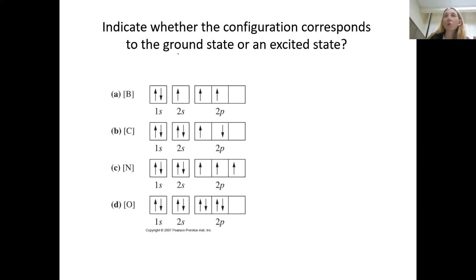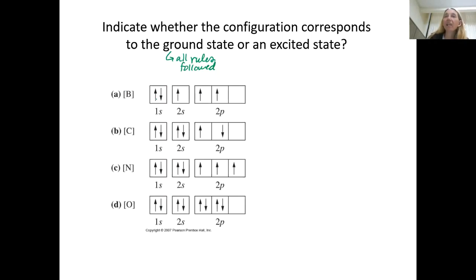Okay, and so you'll hear these words. Ground state means all of the rules are followed. So is the Aufbau principle followed, is Hund's rule followed, and what's the other one? Pauli exclusion principle. Are all of those followed? Okay, and so boron has 1, 2, 3, 4, 5 different electrons.